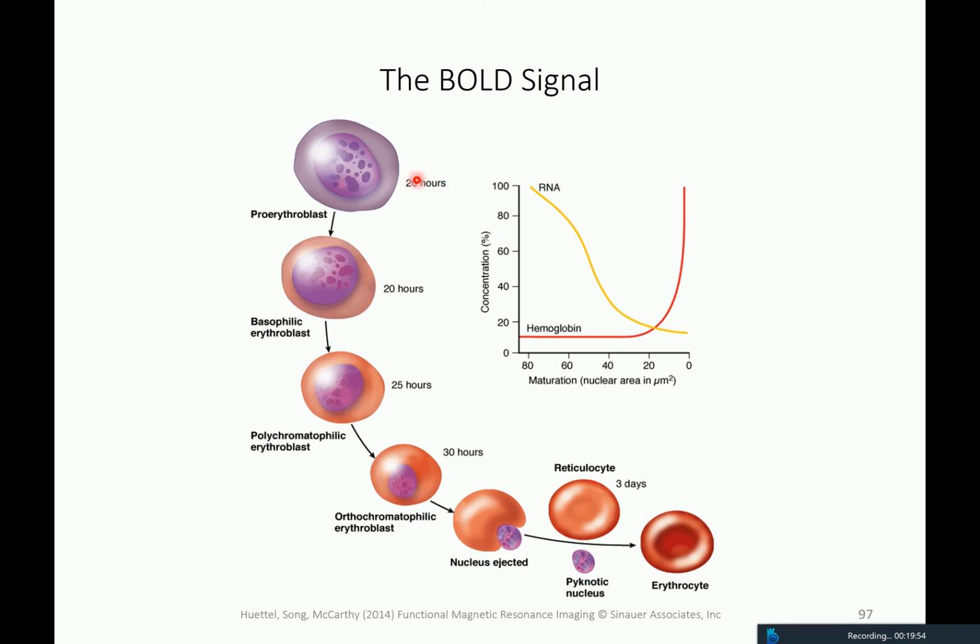And this is why I included this graph, so that everyone knows about erythrocytes. They start as cells that actually have a cell body and a cell nucleus, but they eject their nucleus at one point. About 30 hours into their life, they decrease their RNA quite a lot and basically just consist of a lot of hemoglobin, which is a protein, and then are released into the bloodstream and live for how many days?